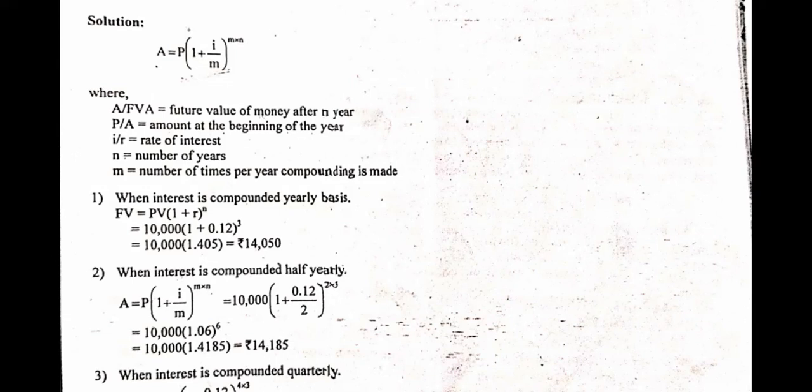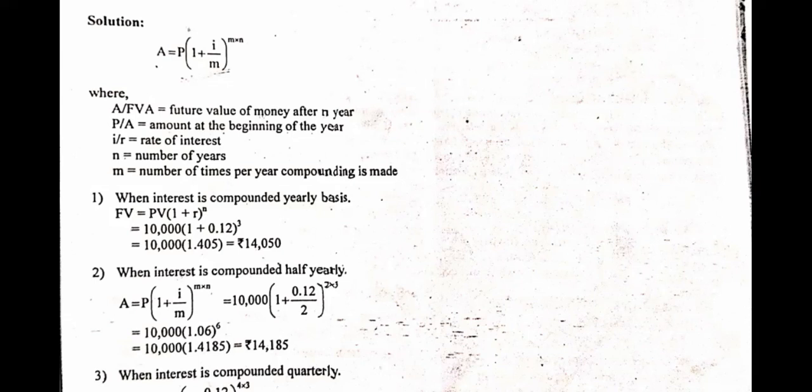So 10,000 into 1.06 raised to 6, that is 10,000 into 1.4185. So we get 14,185. We can see the difference here. If compounding is done yearly, your future value is 14,050 rupees. If compounding is done half yearly, future value is 14,185. There has been an increase in the future value.